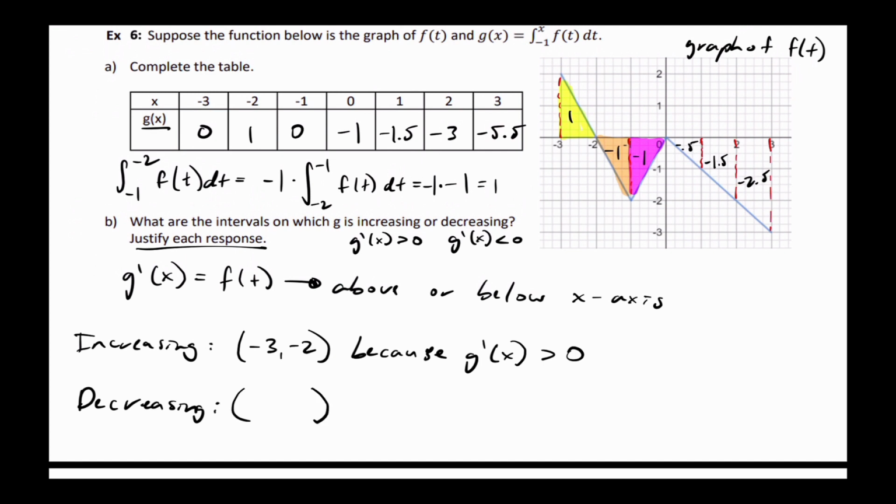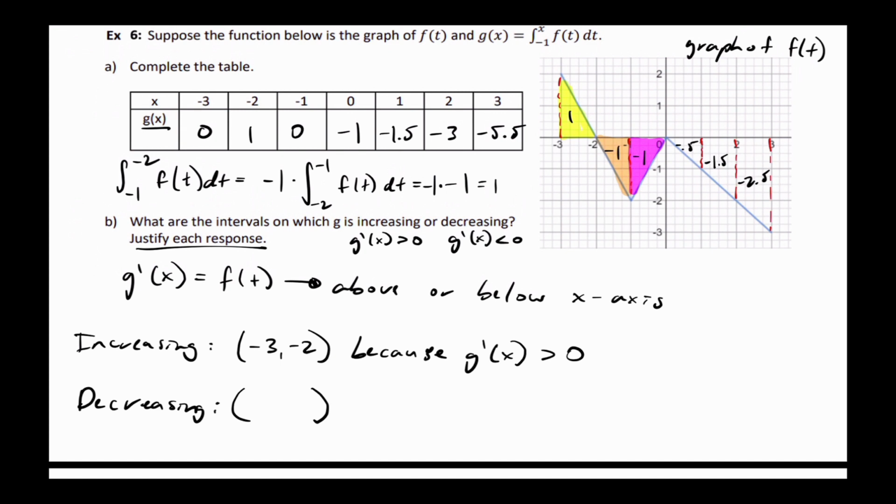Decreasing. Well, it starts decreasing at -2, and then at 0 it becomes 0. I've seen it both ways. Some people just say from -2 to 3, and some say from -2 to 0, because technically at 0 it's not negative or positive, it's 0.